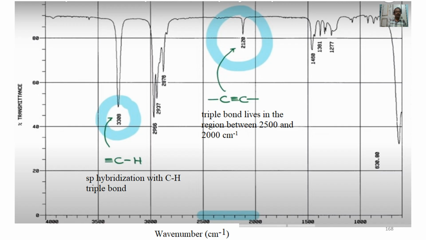This one is the sp hybridization with the C-H of a triple bond. The triple bond lives in the region between 2500 and 2000 per centimeter.